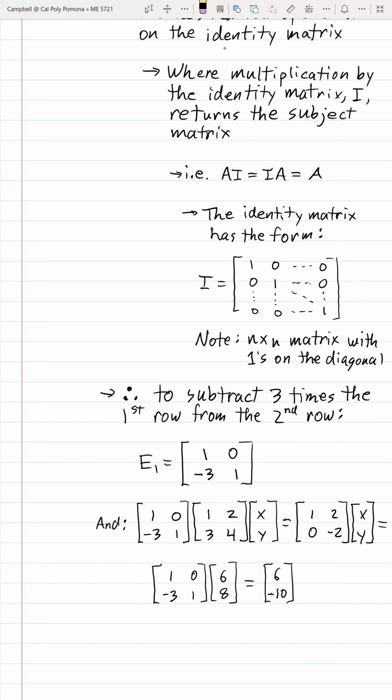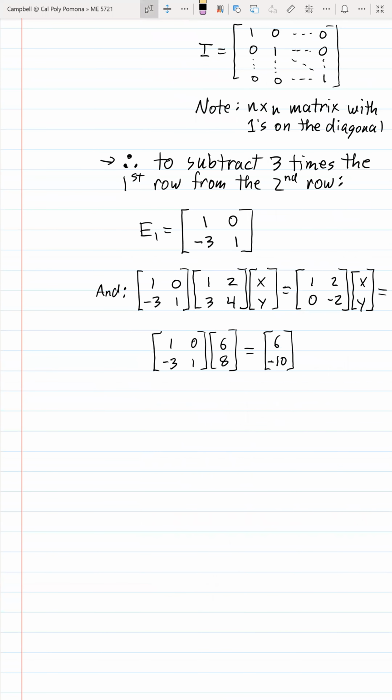So now let's go ahead, because I do want to actually go through solving this particular problem. So for the remaining operations, what do we need to do?